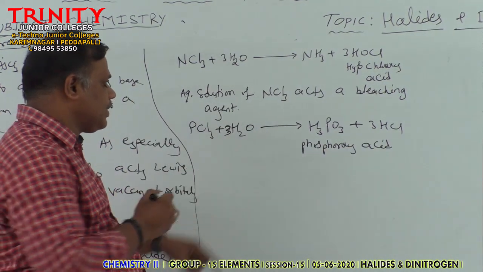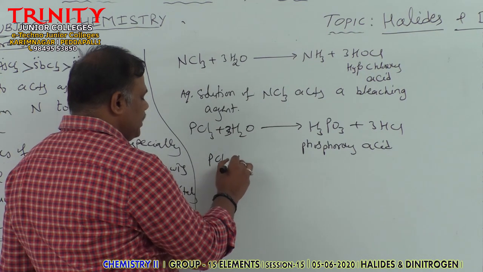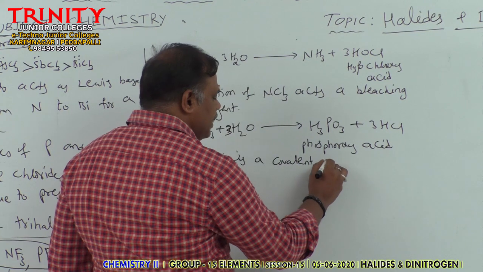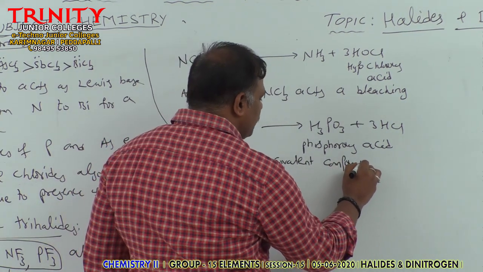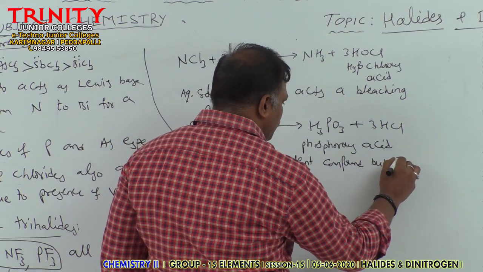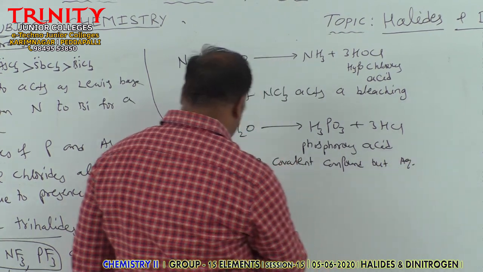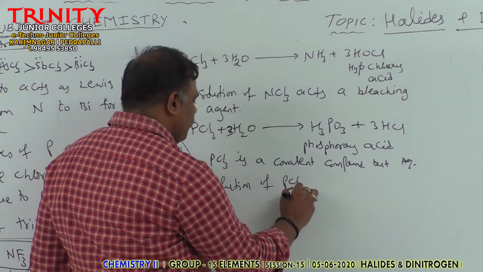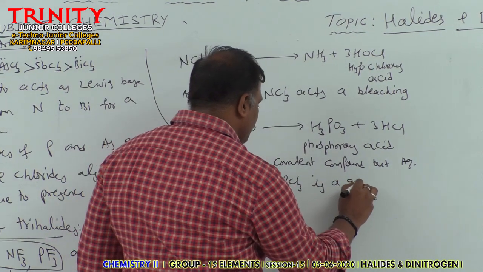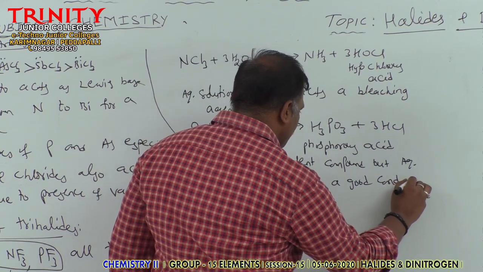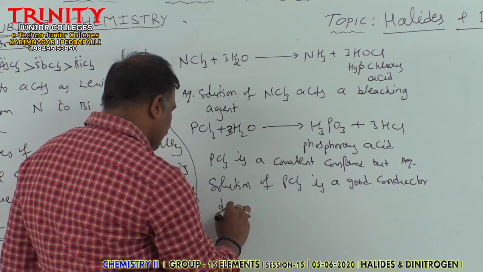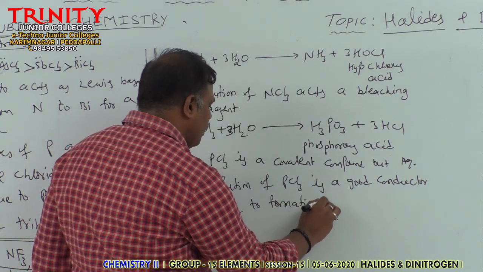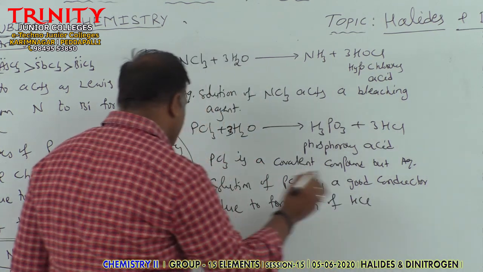Because PCl3 reacts with H2O, PCl3 is a covalent compound, but its aqueous solution is a good conductor due to the formation of HCl, which gives H+ and Cl-.